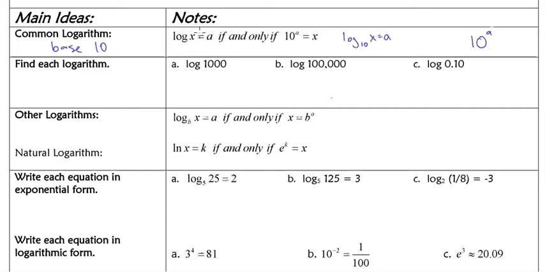And again, what it's talking about is that there's a base of 10 with some exponent to it. And we're going to be working through and figuring out what that exponent is. So log base 10 of x equals a is the same thing in exponential form as 10 to the a power being equal to x. And notice how these pieces correlate. Base 10 literally means the base of what number is being multiplied by itself over and over and over. It's the base for our exponent.